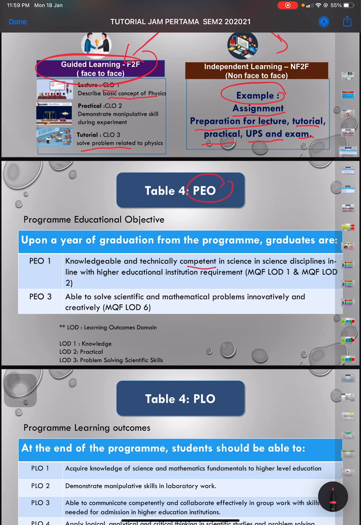And PEO3 is able to solve scientific and mathematical problems innovatively and creatively. LOD means learning outcome domain. We have 3 LOD: LOD 1 knowledge, LOD 2 practical, LOD 3 problem solving, scientific skill.